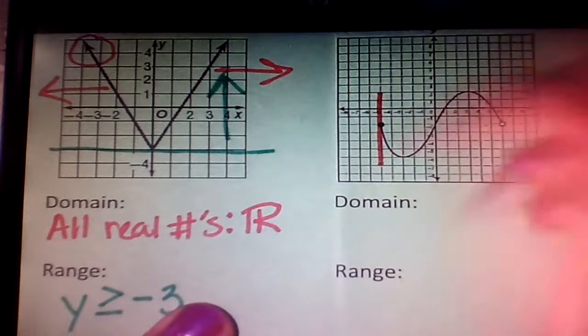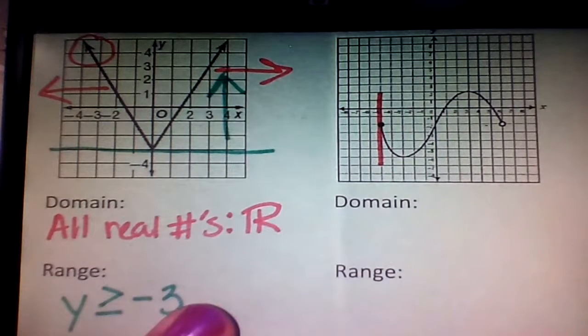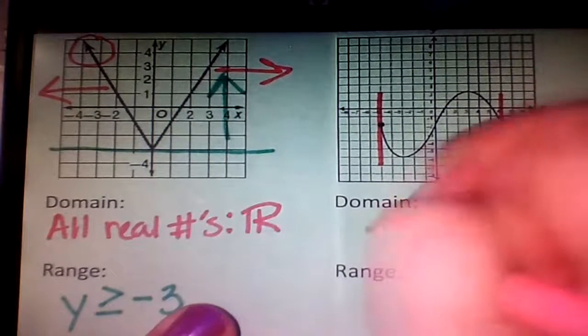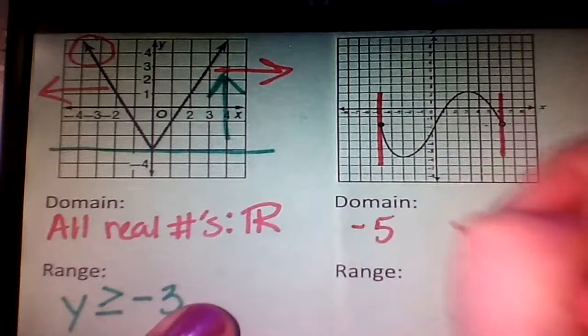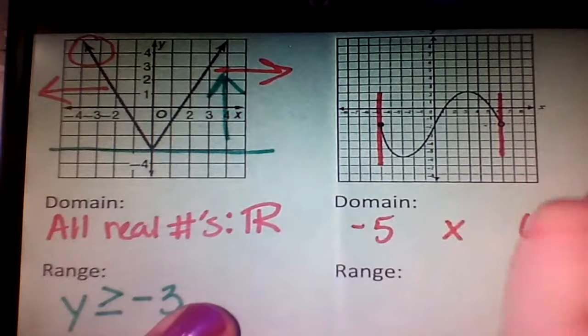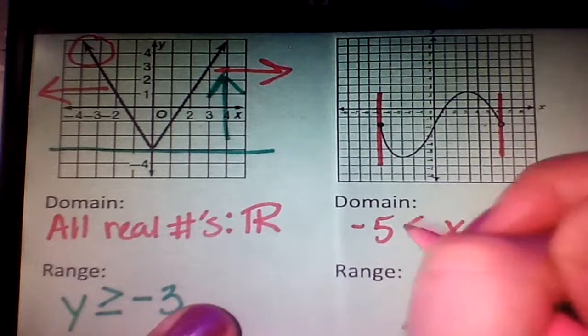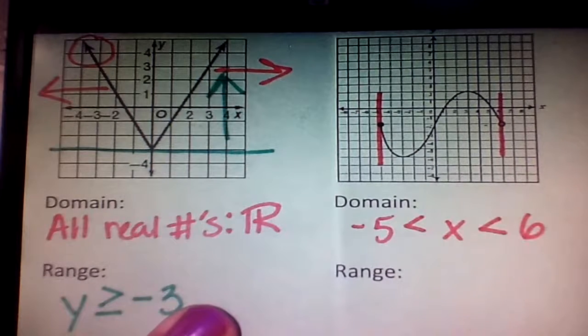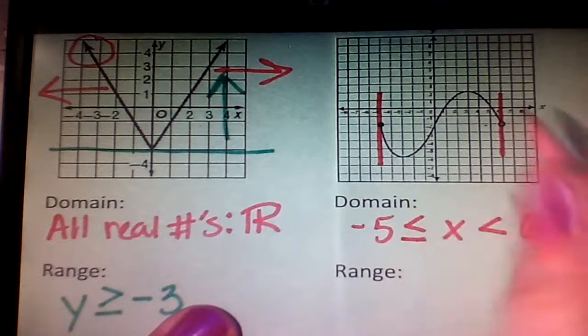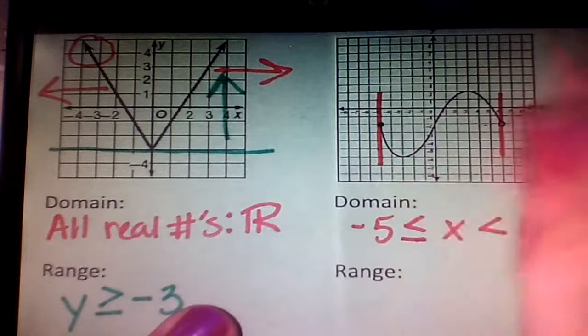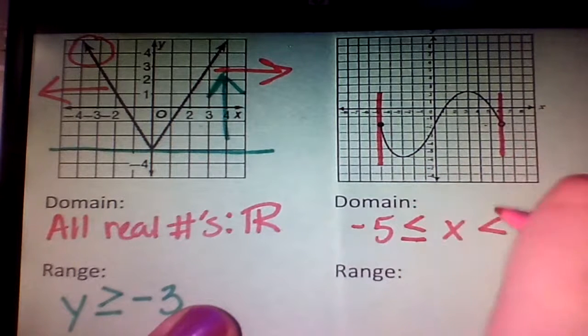What's my highest X value? +6. So we're -5 and we're +6. Okay. Which one of these do I need to include the equal sign? The first one. Okay. This is a closed circle. This is an open circle.